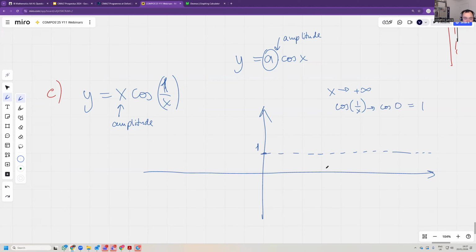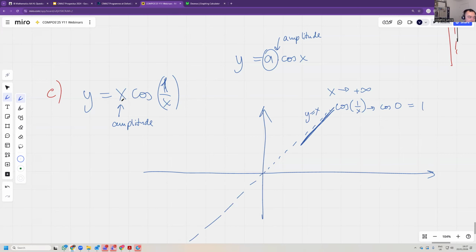Oh, no, sorry. What am I saying? I'm being very silly. Now this thing becomes 1, so the asymptotic behavior just behaves like the line y equals x.